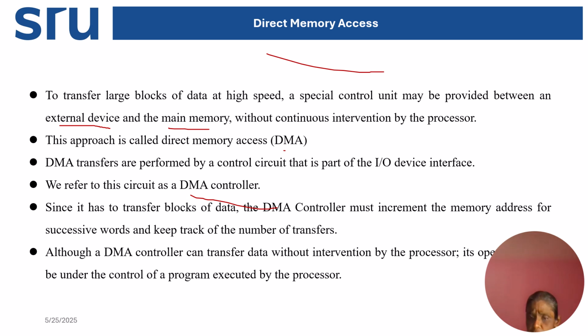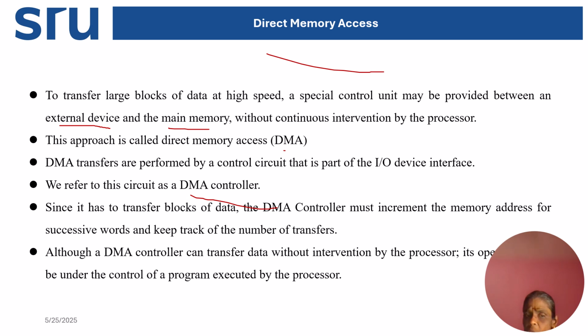And next, what operation is performed, in which direction the data is transferred, to and from memory, to and from the I/O device. So the direction of movement of data, how many blocks of data, and sequential order. The addresses should be in sequential order, one by one, not in a random manner. These three are controlled by the DMA controller.